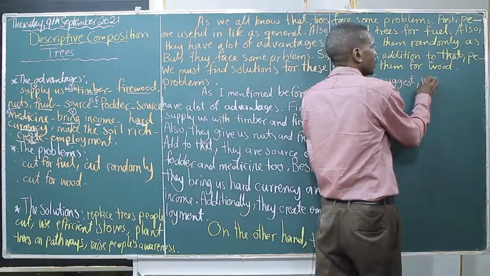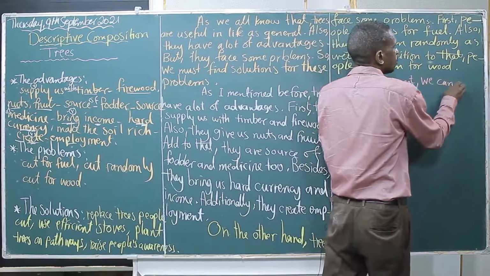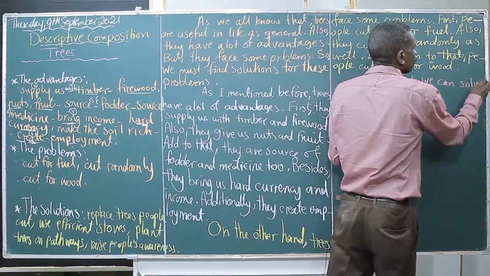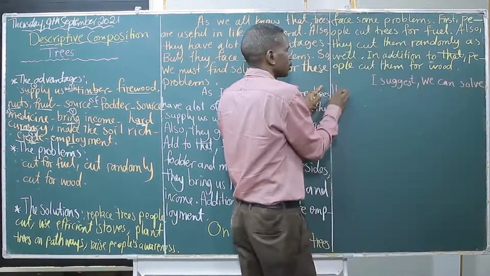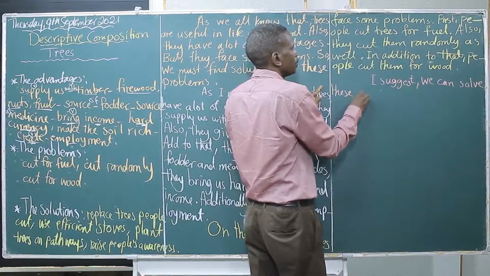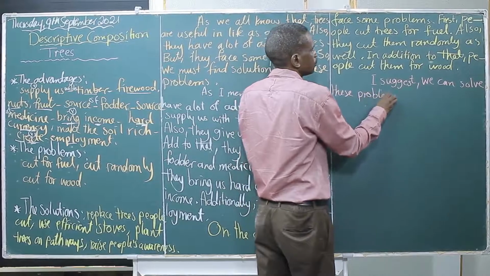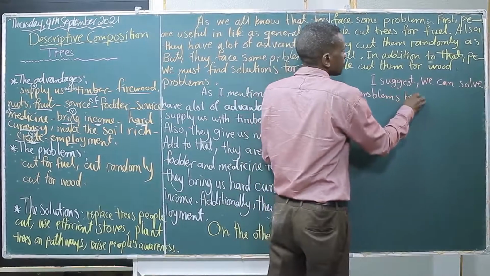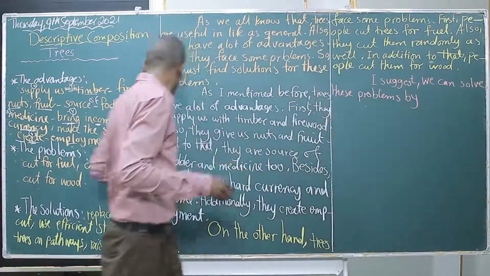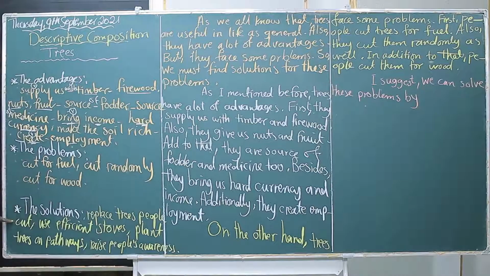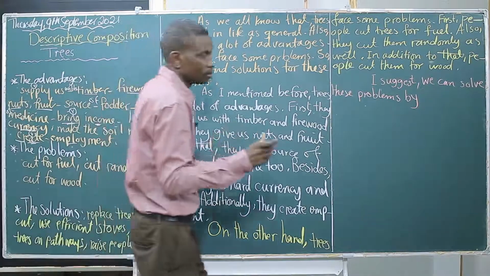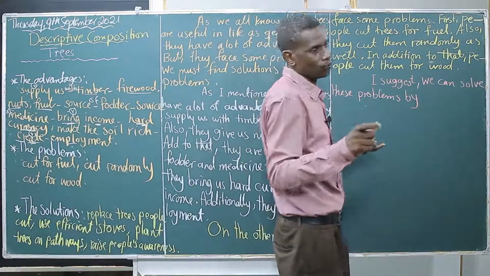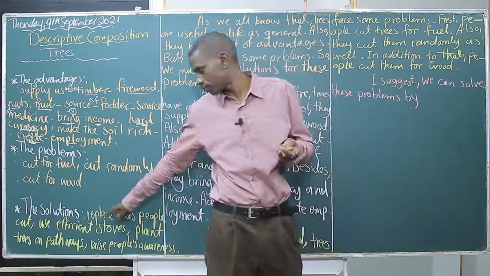I suggest we can solve these problems by what? By replace trees people cut. By is a preposition, and a preposition is always followed by a noun, and here replace is a verb.